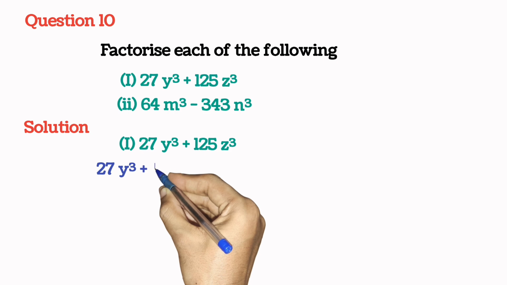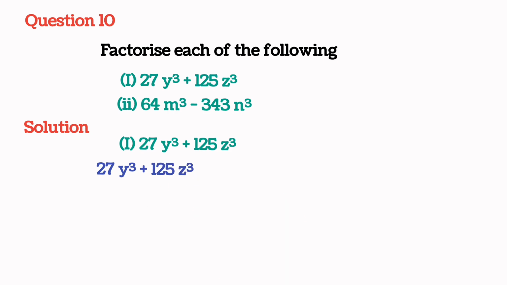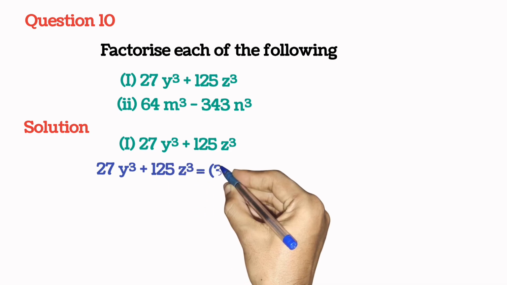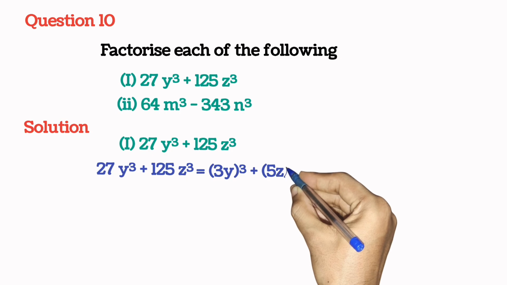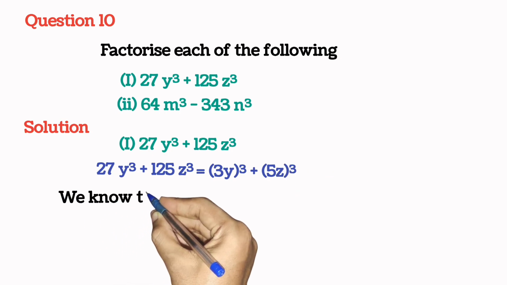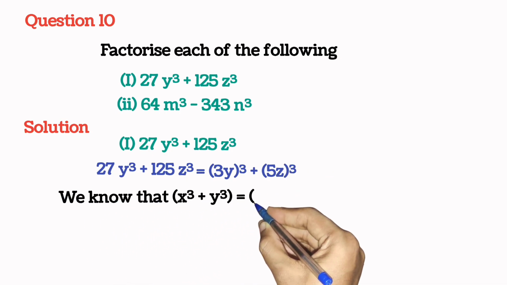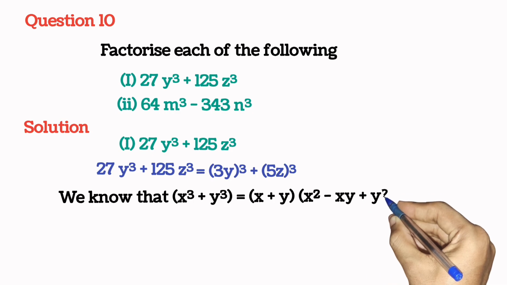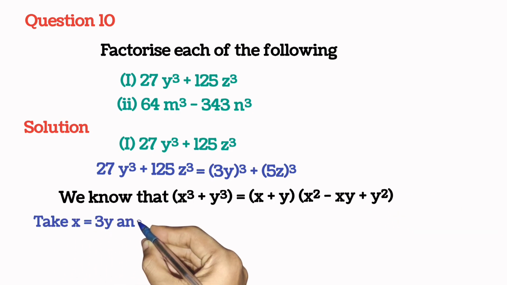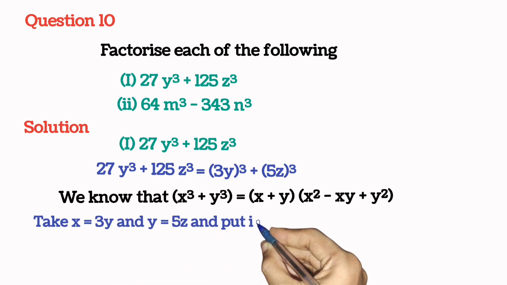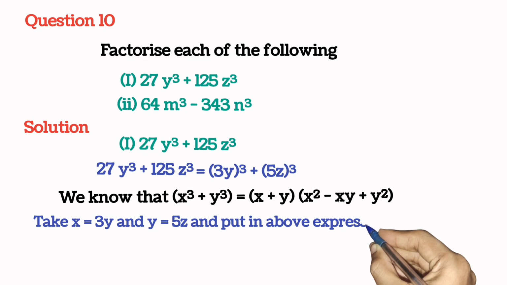27y cube plus 125z cube can be written as 3y the whole cube plus 5z the whole cube. As we know, x cube plus y cube equals x plus y into x square minus xy plus y square. Take x equal to 3y and y equal to 5z and put in the above expression.